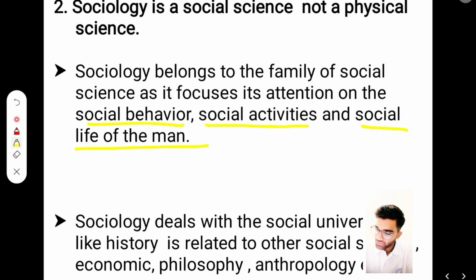Sociology deals with the social universe, as history is related to other social sciences: economics, philosophy, anthropology.